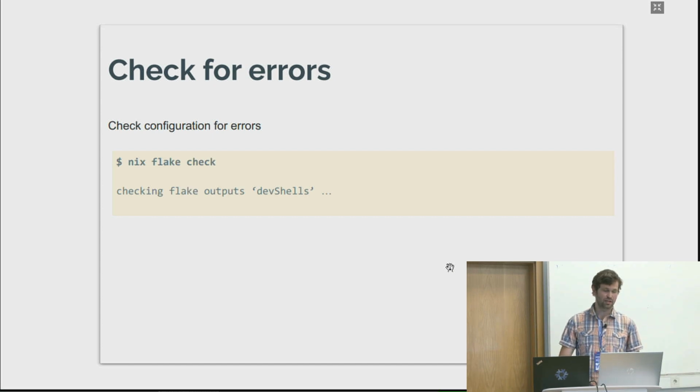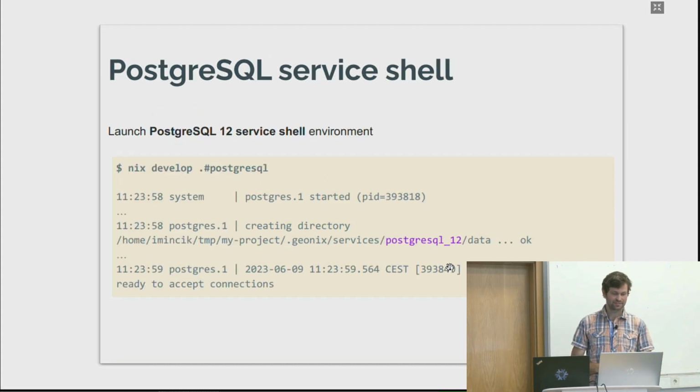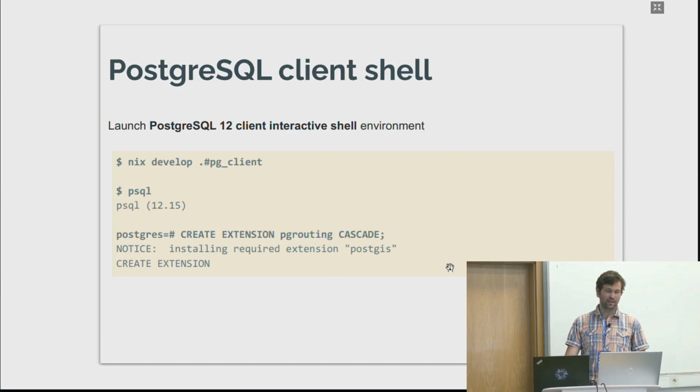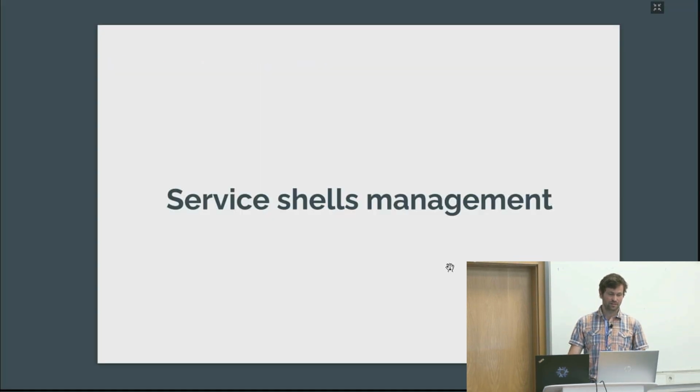I checked if I haven't made any mistake in my configuration. These are the environments which I created. They are immediately available for Darwin, which is Mac, and for Linux. And you see I'm running PostgreSQL. I can connect to the database. This is my web service.